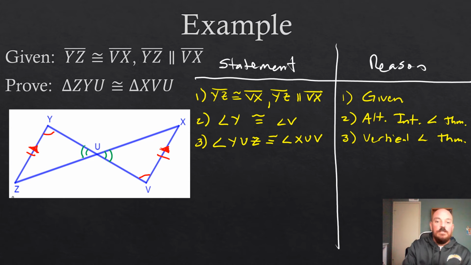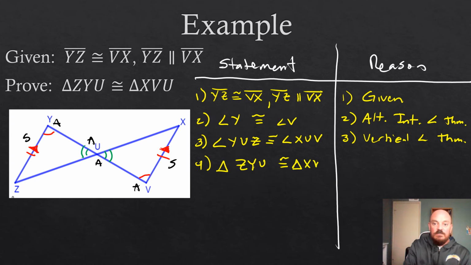Now, because I used vertical angles, what I actually have is an AAS. In order, going around, if I start at the U, it's A, then S. Angle, angle, side, and then on the other triangle, A, then S. So I'm ready to do my proof. Triangle ZYU is congruent to triangle XVU, and my reason is going to be AAS.